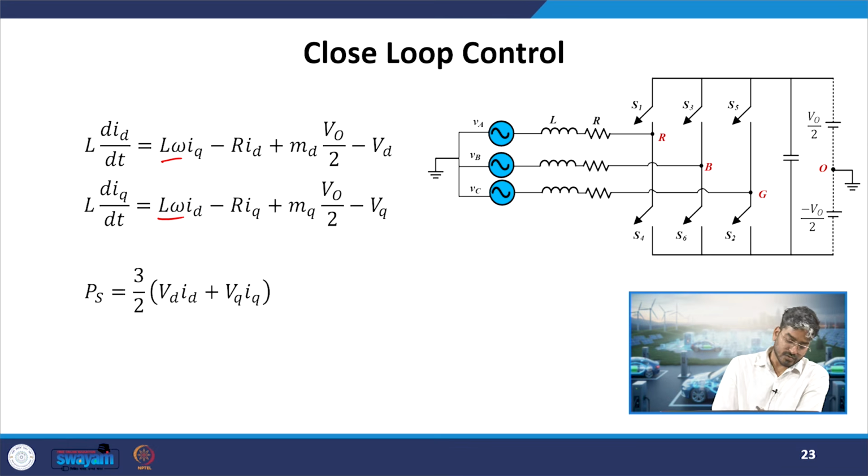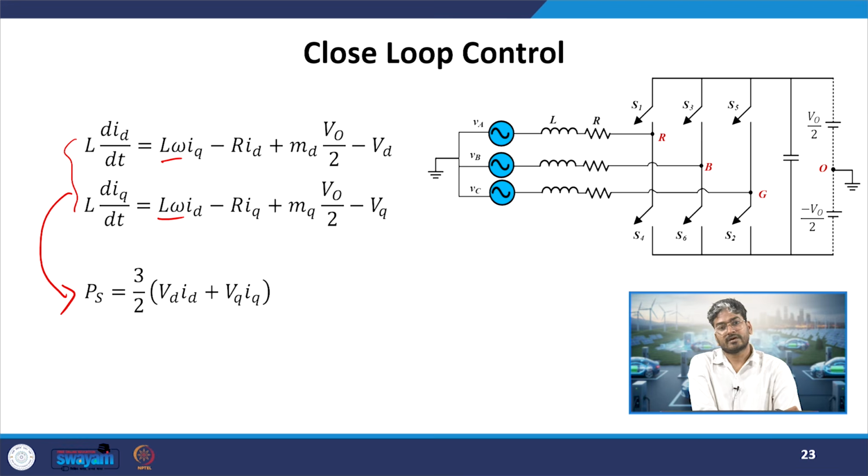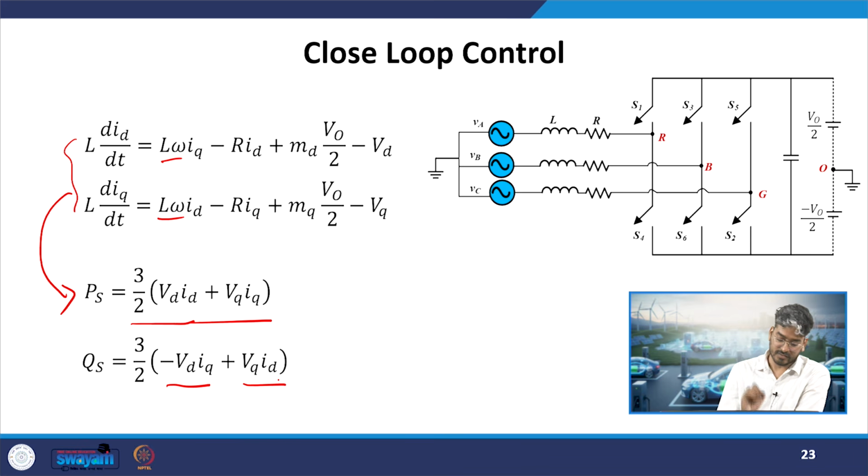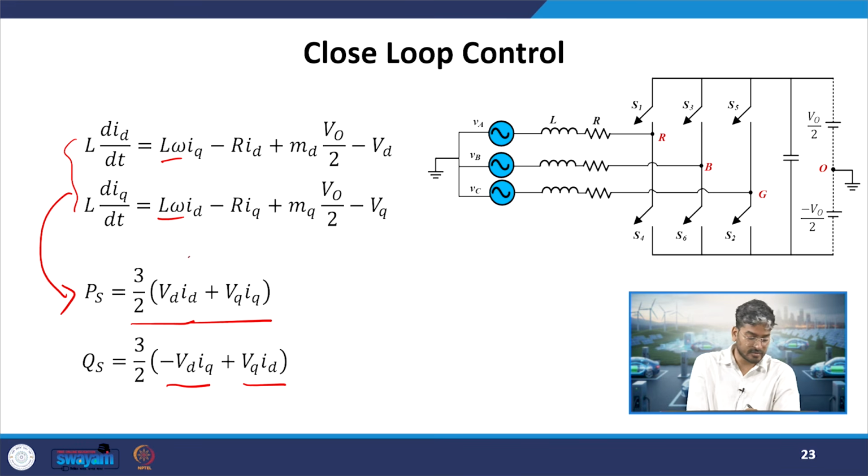If I map these same two quantities to the active and reactive power, which are our two control parameters, PS will be 3 by 2 VDID plus VQIQ. Similarly, QS will be equal to VDIQ minus VQID. Here again, because of these cross coupling terms, we have two other terms which are cross coupled to each other.